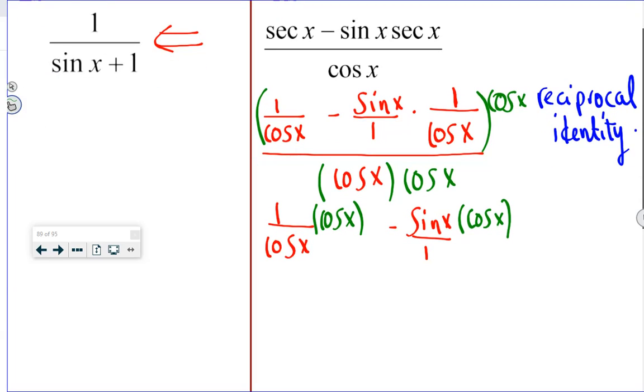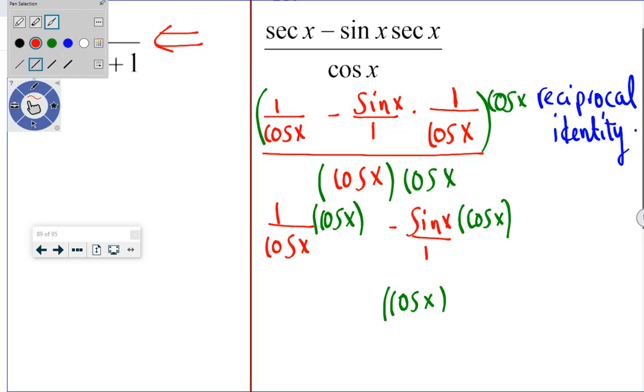And this is over the cos of x, which was on the bottom, multiplied by the cos of x, which I'm multiplying the bottom by.